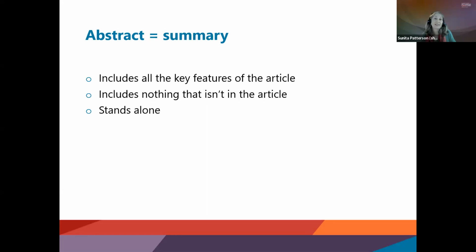Remember that someone may be reading the abstract later on PubMed, separated from the main article, or may be reading the abstract in conference proceedings and won't be attending your presentation. So the abstract needs to stand alone and capture all the important points of your study and its significance. And if you are writing an abstract for an article, there shouldn't be anything in the abstract that isn't also in the article.